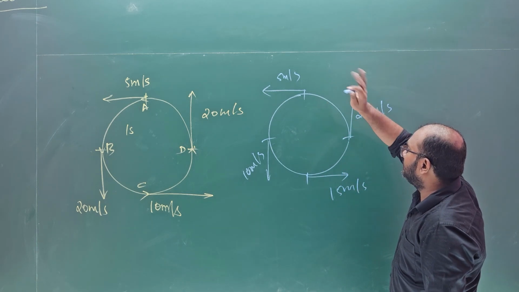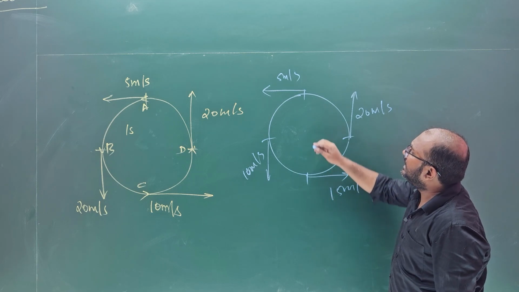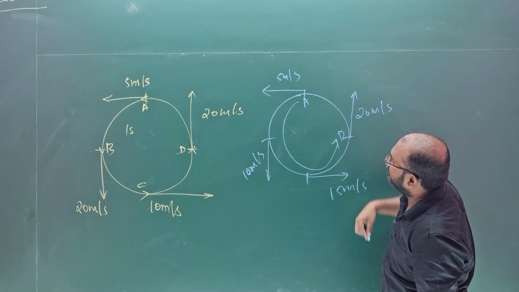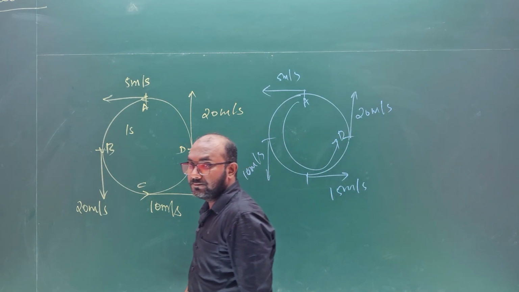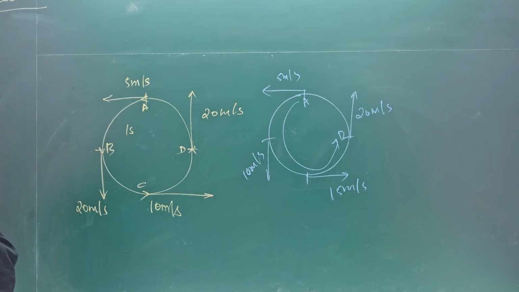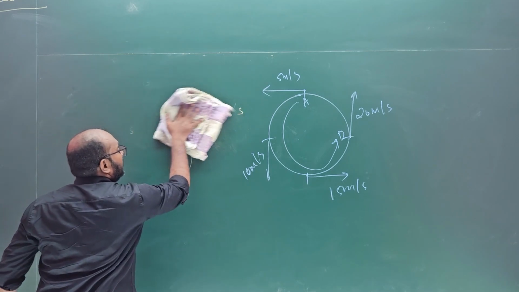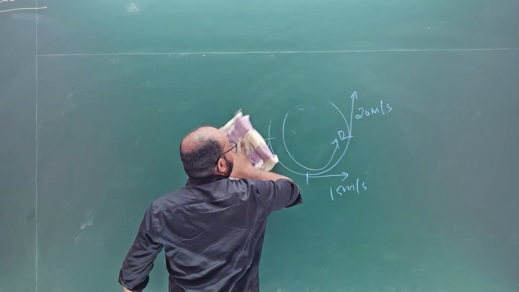But from A to D, can I say that the body is moving with constant acceleration? Yes. So acceleration can have different values. Either it is constant or it is dependent on what? Time. I need to write this one.